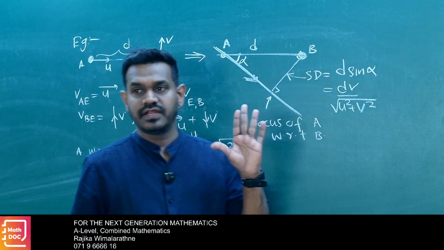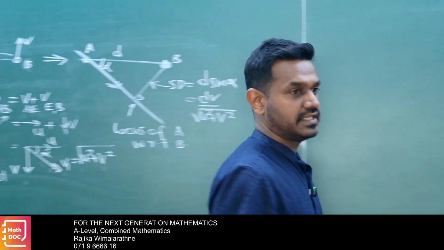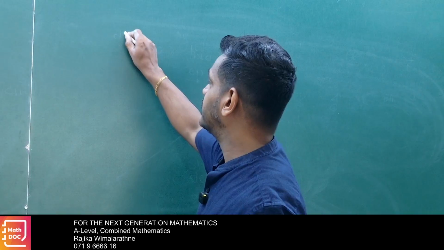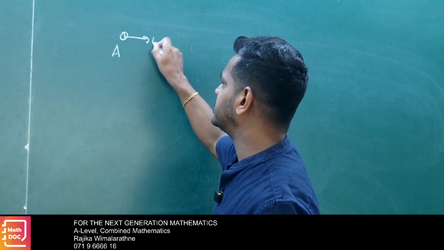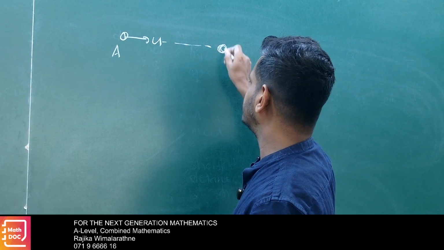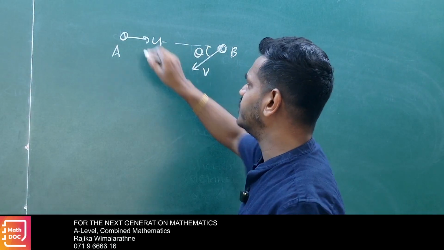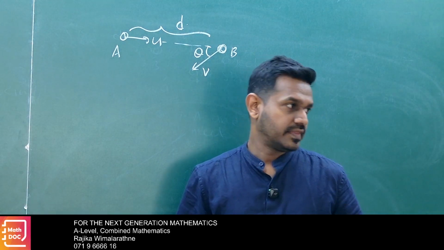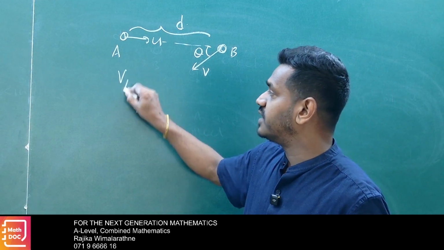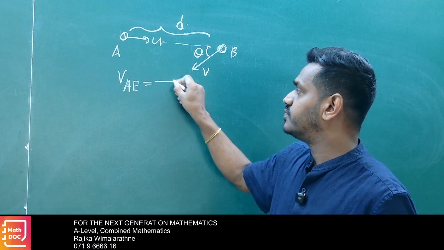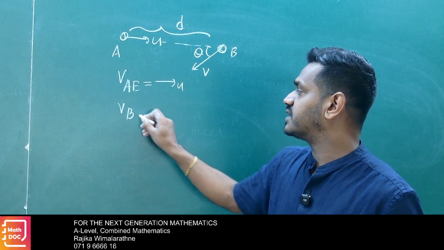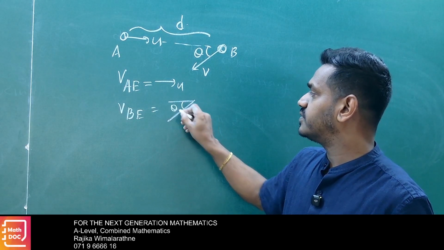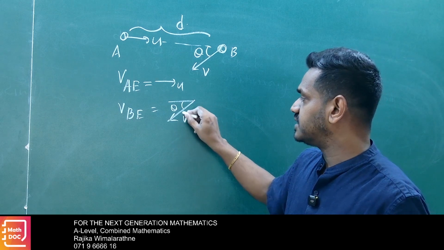Now let's see another example. Object A moves with velocity u, object B moves with velocity v at angle theta, and the initial displacement d is given. Better do it with me. Velocity of A with respect to earth is u, velocity of B with respect to earth is v with that inclination theta.